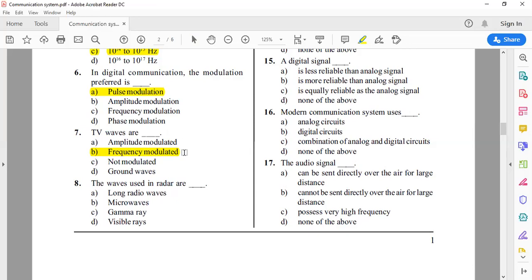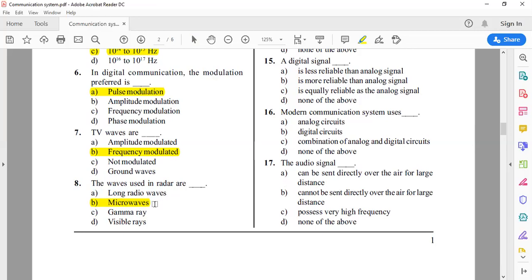Next one, question number 8. The waves used in radar are microwaves, because the energy of microwaves is maximum as compared to radio waves, and due to this these microwaves easily penetrate through the atmosphere and the water vapors.